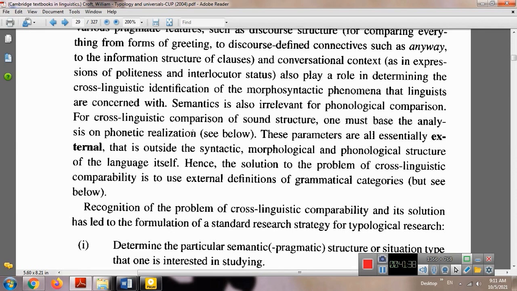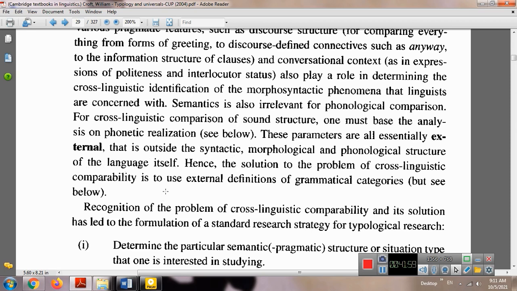For cross-linguistic comparison of sound structure, one must base the analysis on phonetic realization. These parameters are all essentially external, that is, outside the syntactic, morphological, and phonological structure of the language itself.